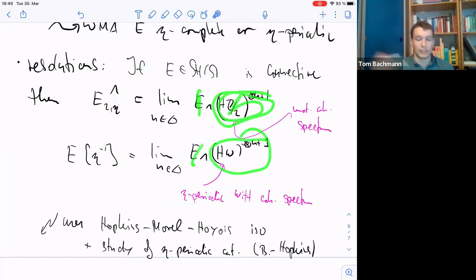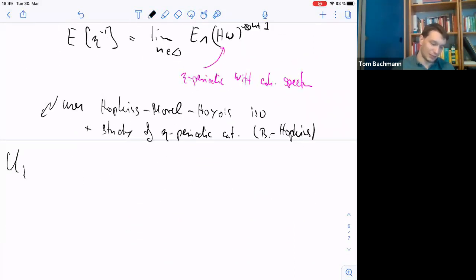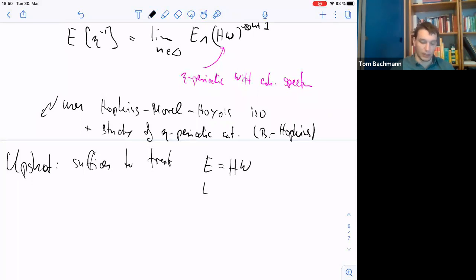Because E is more or less the sphere. But then again, you can approximate them by spheres and so on. So basically, you only need to prove it for this guy and for this guy. Okay, so the upshot is it suffices to treat E equals HW or E equals HZ/2.